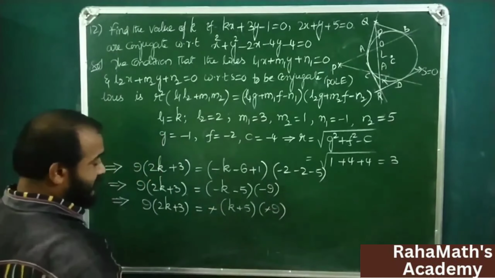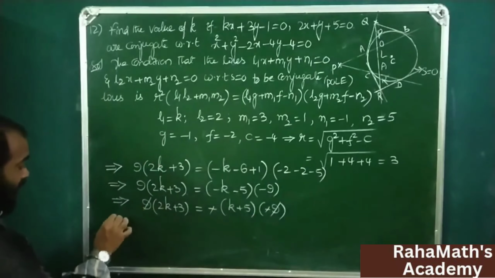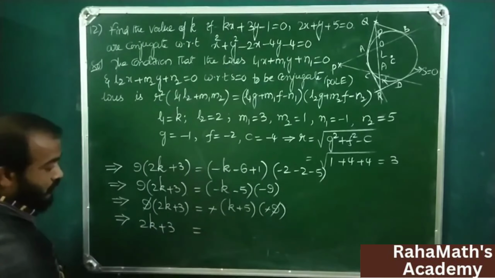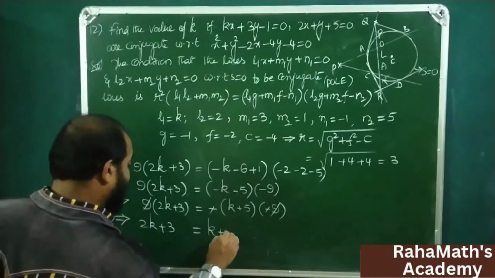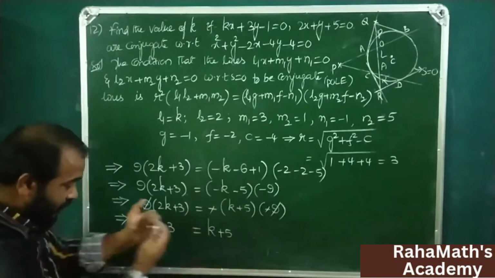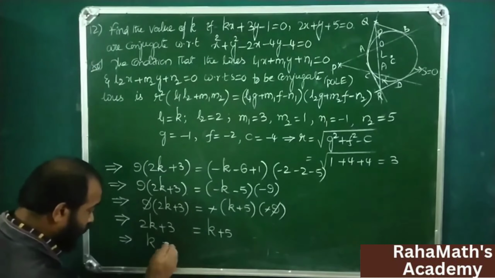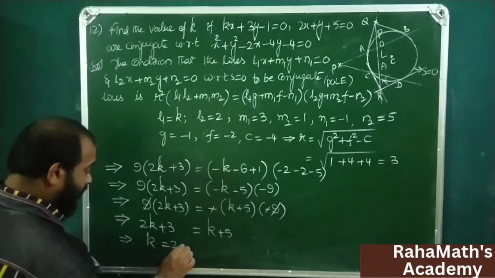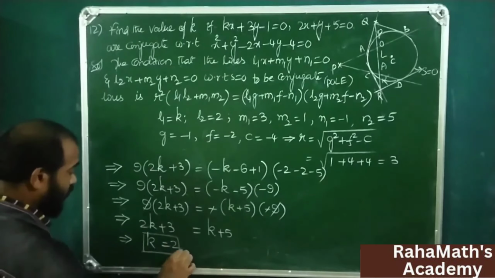Minus minus gets cancelled, 9 ones are 9. So 2k plus 3 is equals to k plus 5. So 2k, this k if you take this side, is equals to 5, this 3 if you take to that side, k is equals to 2.